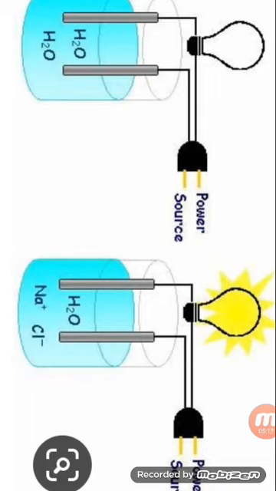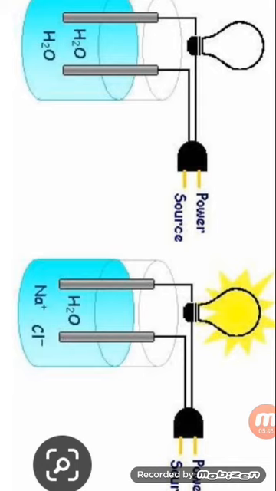Firstly, we are going to do the test with the distilled water. And you know, distilled water is pure water and it is free from any type of salt. So we will do the connection like shown in this picture, and we are going to dip the two ends of the wire in the distilled water in the beaker.